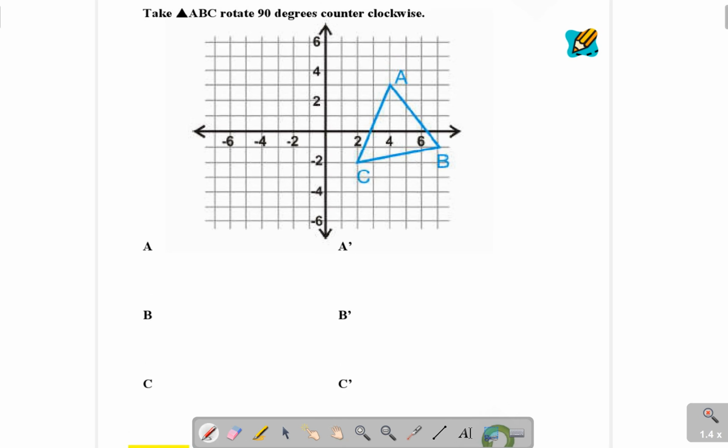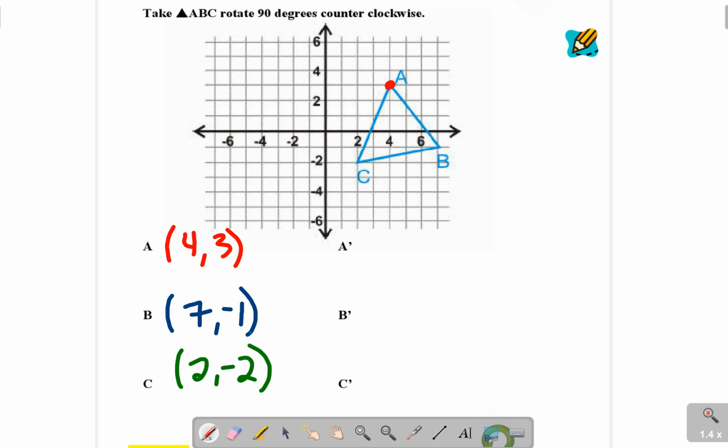Okay, same 3 points. Okay, so step 1 is, whoops, I switched my colors up on you. Okay, there's B and there's C.